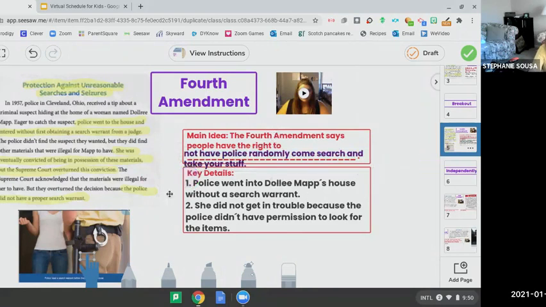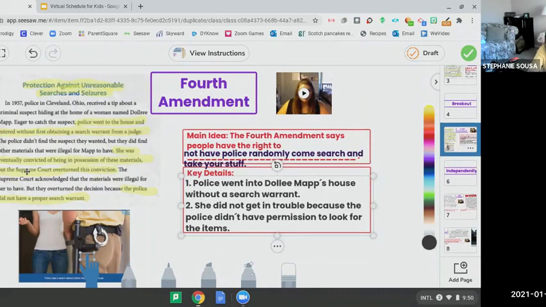My key details were that the police went into Dolly Mapp's house without a search warrant. It said here that they went to her house without finding a search warrant from a judge, and that they found illegal things, but she did not get in trouble for it.